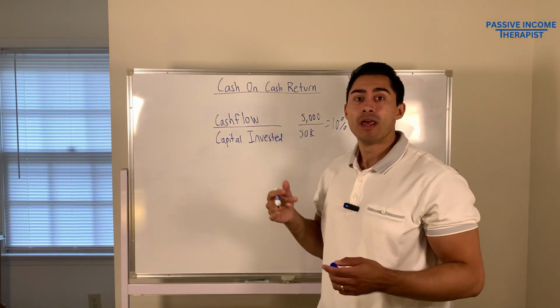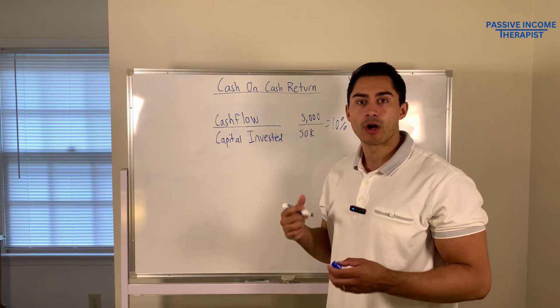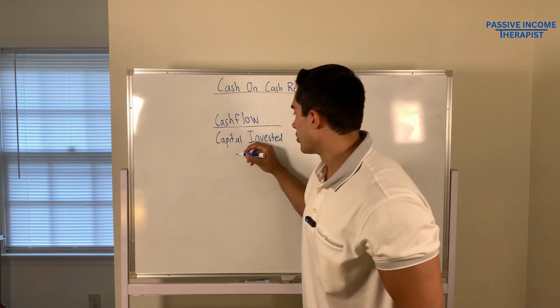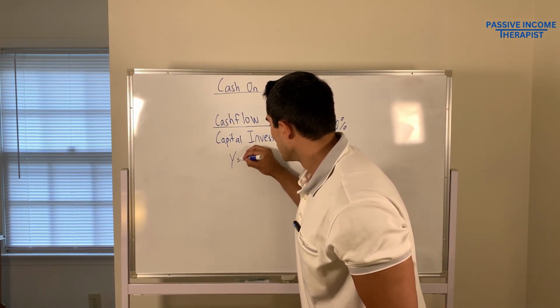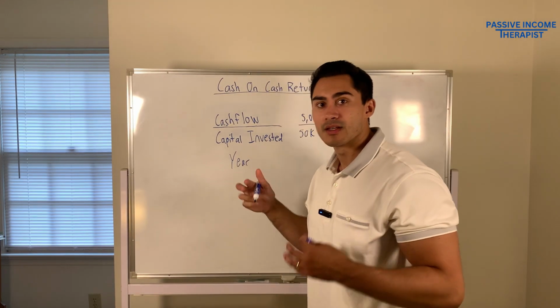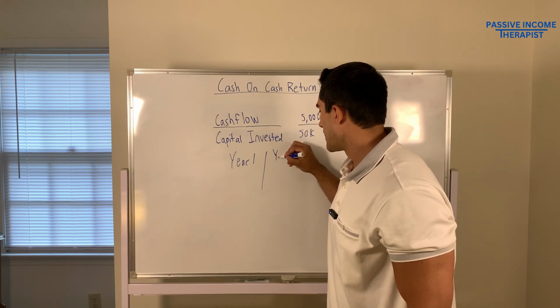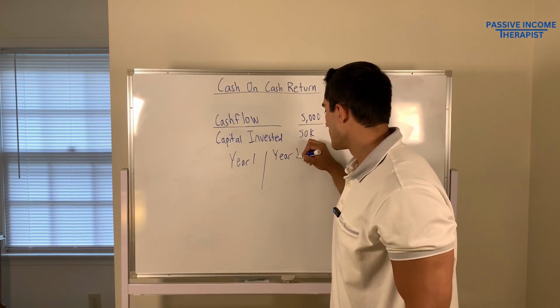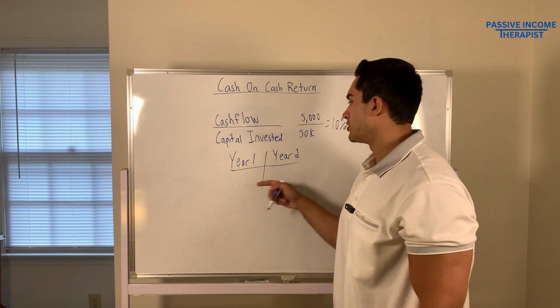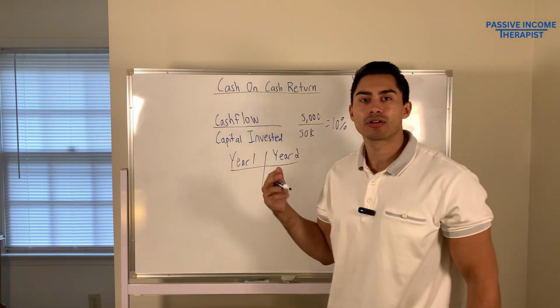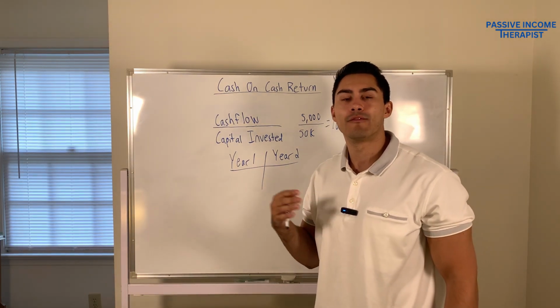So it's not bad. Now, with cash on cash return, what I also like to do when you are analyzing real estate deals, as well as comparing other deals, is look at the cash on cash returns as the years go on for the projections.